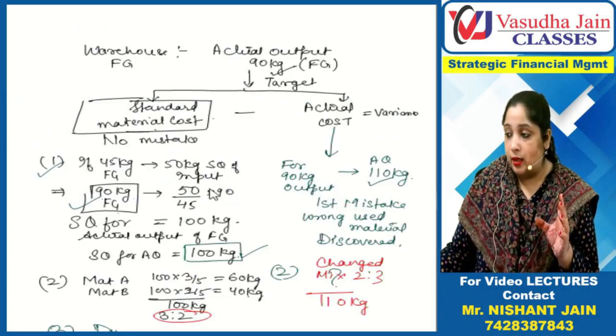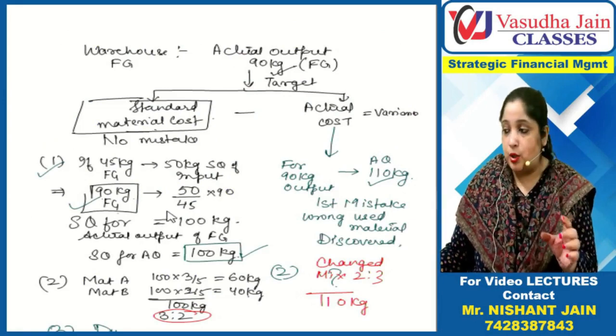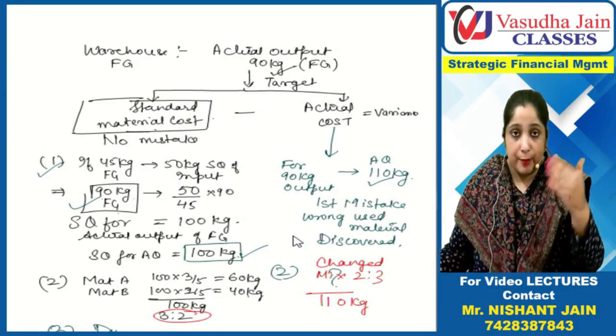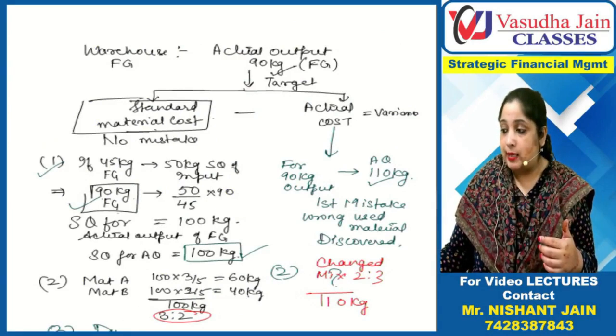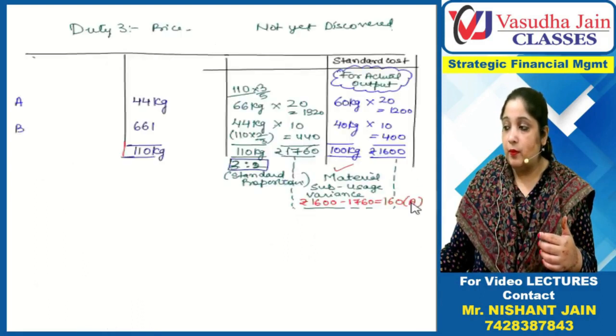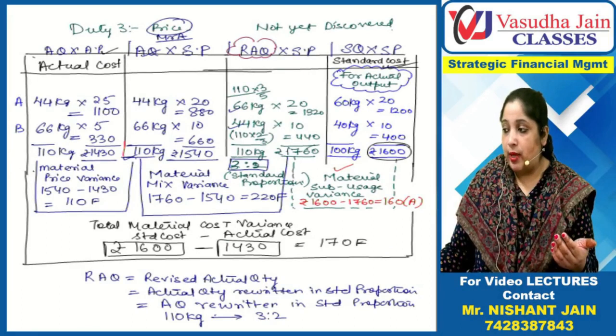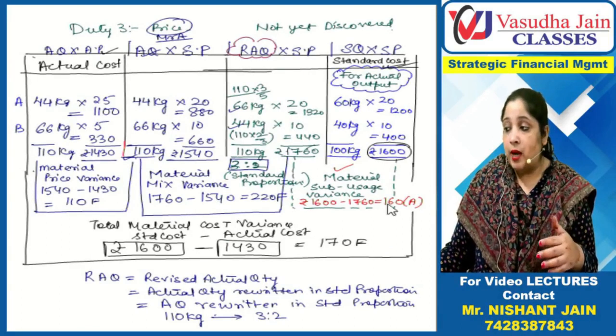First is quantity: how much quantity total is to be used? Then in what proportion is to be used if there are various types of material? And then the third duty, price. It is written here.